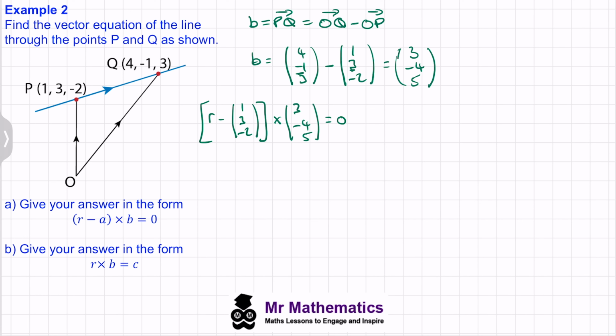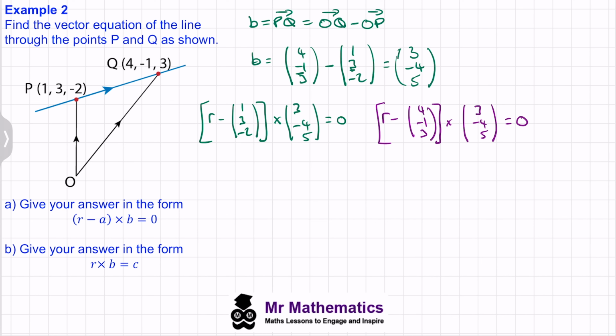Alternatively, I could have used point Q, and that would be r minus 4, negative 1 and 3, crossed with the same direction vector, 3, minus 4 and 5, and again that equals 0. Either of these would be equally valid.